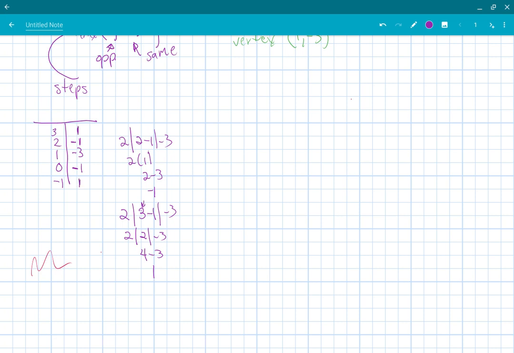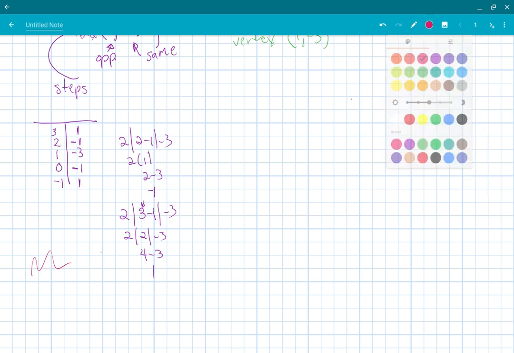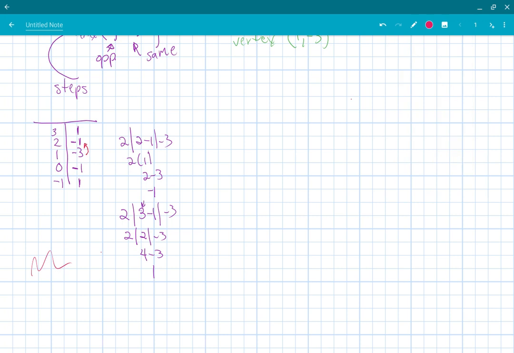So let's find out, are the steps the same size or different size? From -3 to -2, I went down 2. From -1 to the next, I went up 2. So the steps are actually the same size. And what size are they? This is the size of the steps.